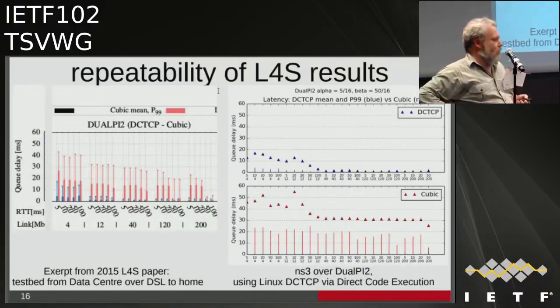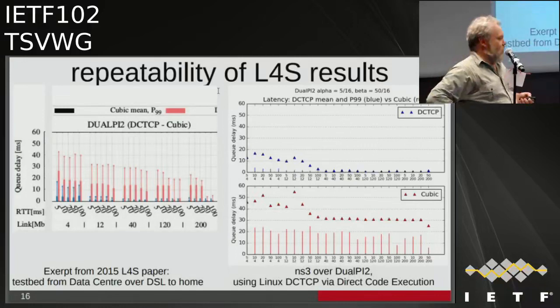The ones on the left are for a DSL link, the ones on the right are on an Ethernet link, but essentially it shows that the L4S implementation in both must have been, or the experiments must have been valid because they both give the same results, which is good.